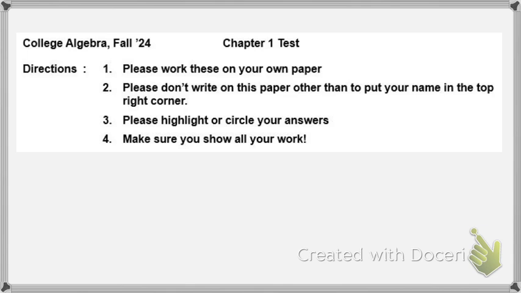Third, highlight or circle your answers. I want to know what you really mean your answer is. Don't write me a whole bunch of stuff and then basically go, hey, Ladley, you figure it out, because I won't. Last thing, show all your work. If you just stick an answer down there and you haven't shown your work, you won't get any credit for it. So those are the directions. I wanted you to see them ahead of time.